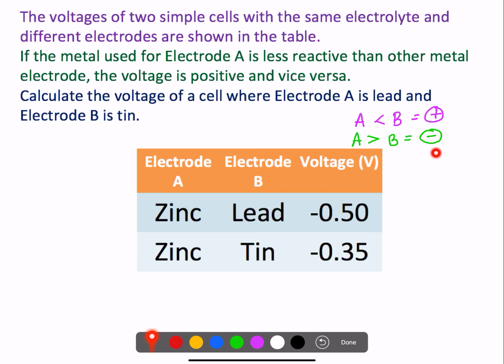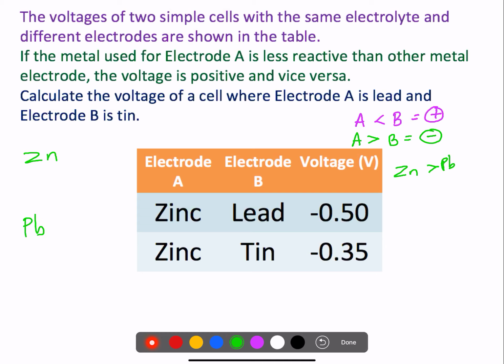So the fact that it's negative, that means that A is more reactive than B. So we just worked out that zinc is more reactive than lead, because when A is zinc and B is lead, the answer is negative. So A is more reactive than B, and we know that from the question. Okay, so we can just quickly write down that here zinc is more reactive than lead.